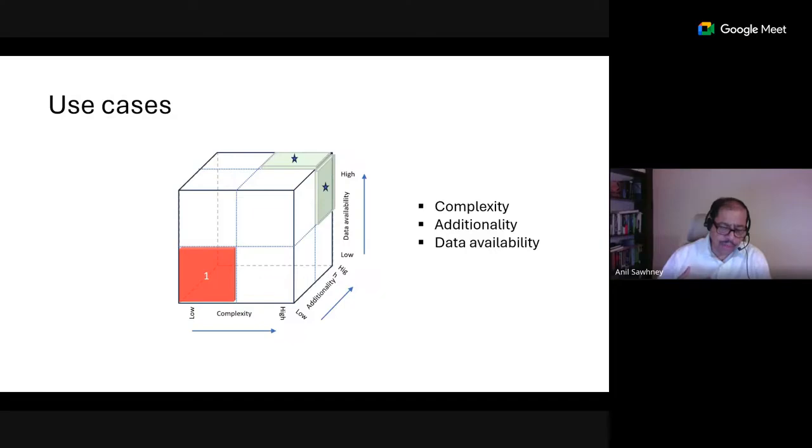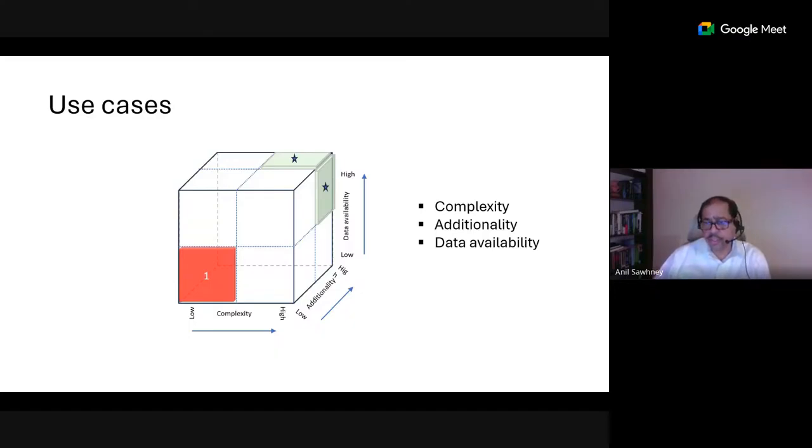So the way we think about this is consider 3 dimensions. Consider the complexity of the use case or the problem, consider the additionality of AI, and consider the data availability along those 3 dimensions.